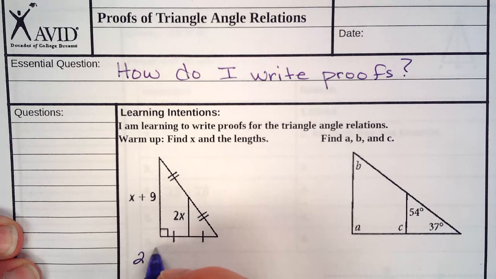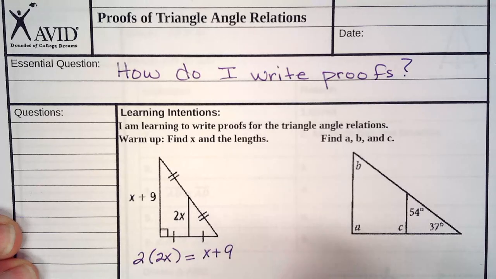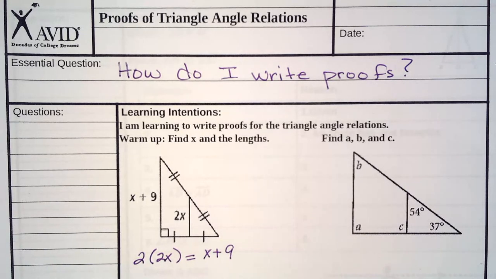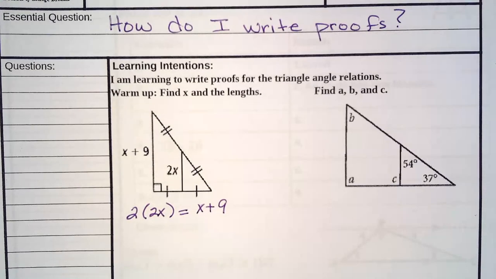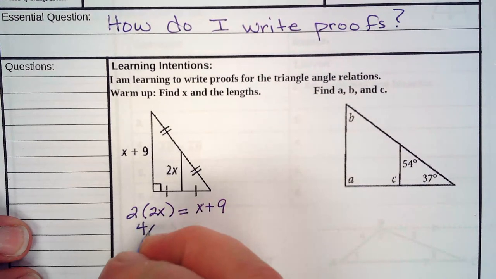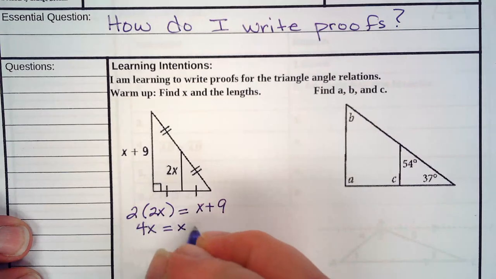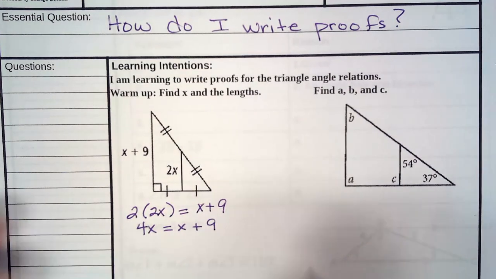So 2 times 2x is going to be equal to x plus 9. Four x is equal to x plus 9.